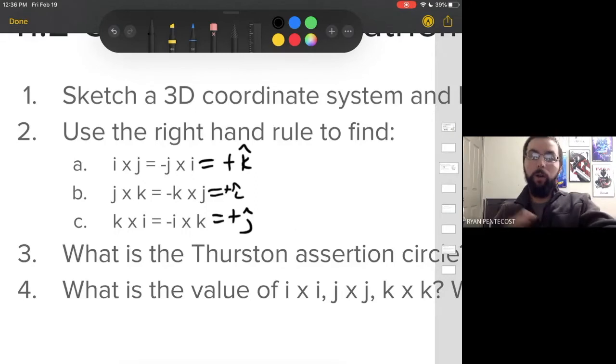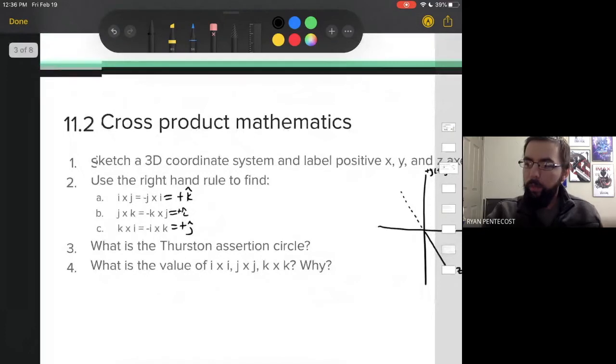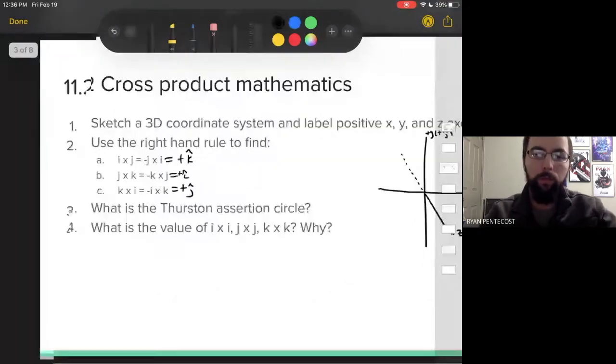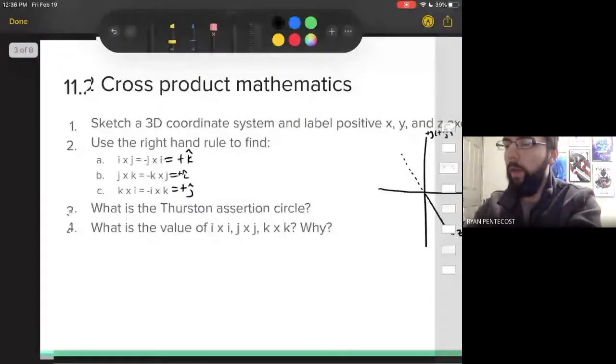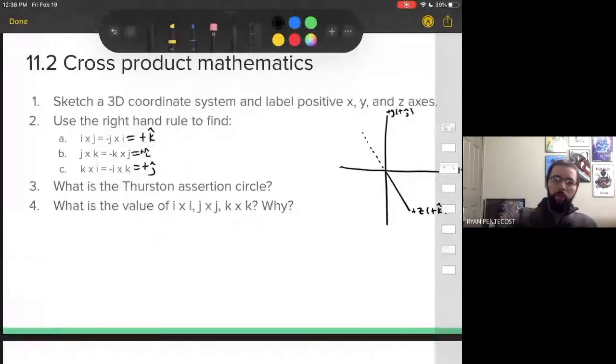Okay, so I cross j is k. J cross k is I. K cross I is j. Now, one way to remember this, something that I believe we had a student do before, is called the Thurston assertion circle. So if we have I, then we have j going clockwise and k.